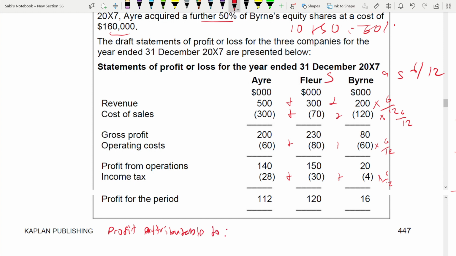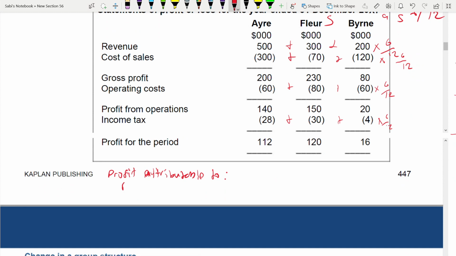Profit attributable to the equity holders of the parent, that means the parent, P and NCI. NCI will do a working too. Parent is the balancing figure. Okay, so that shows we have two workings.